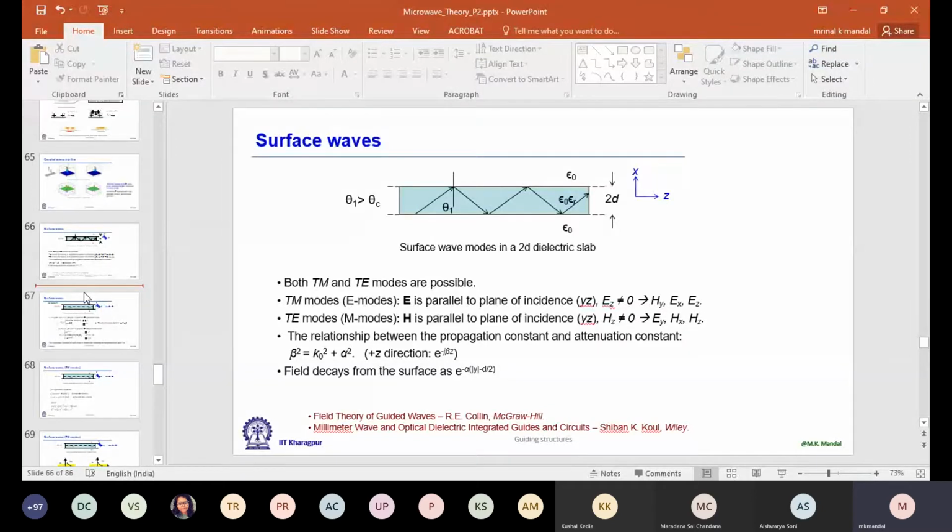And why do we call it surface wave? Because if somehow this mode is excited at one point, then it travels through the dielectric material. If I take, let's say, a big dielectric material to design a PCB, 10 centimeter by 10 centimeter, then we don't have any control over this surface wave mode propagation.